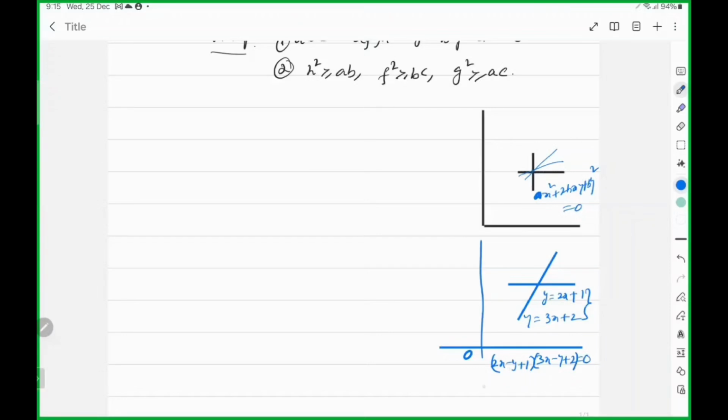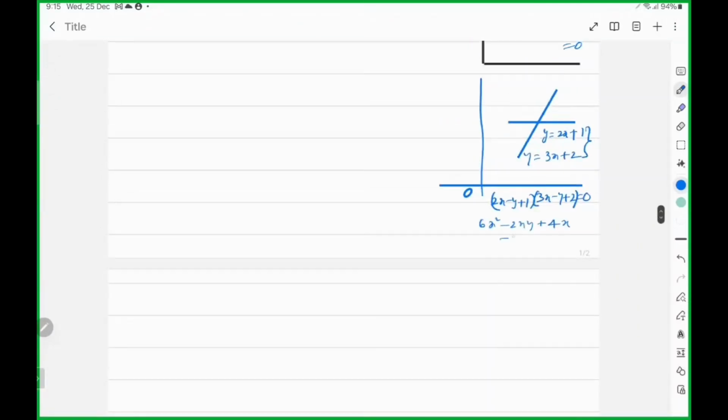So here it is 2x into 3x, 6x², −2xy, plus 4x, minus 3xy, plus y², minus 2y, plus 3x, minus y, plus 2. After simplification, you get 6x² − 5xy + y² + 7x − 3y + 2.